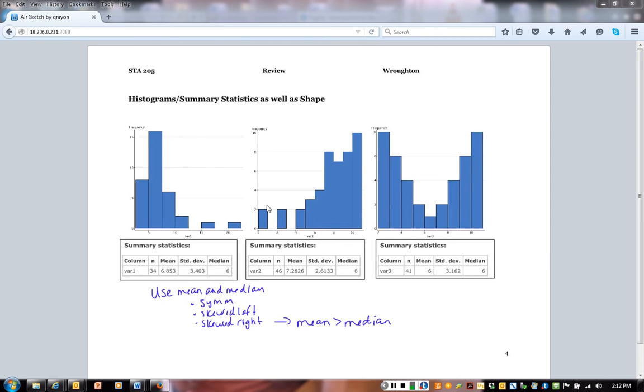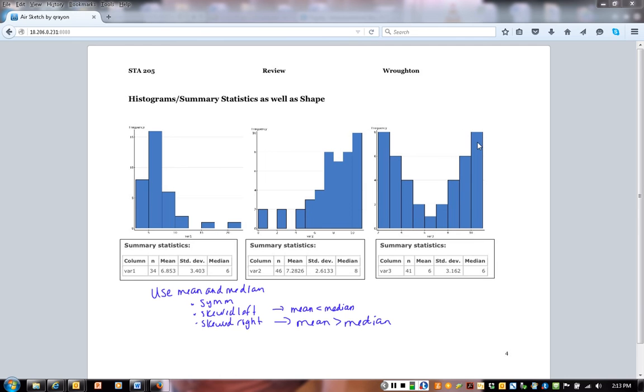The second graph I have is more of a skew to the left graph. Again, majority of data on the right, we would slide off to the left here. If we look at their mean and median, what you see is the mean will actually be less than the median here. Last, I gave a symmetric graph, and I didn't give you one that was actually unimodal. I wanted you to see a different looking symmetric graph, so you get to see something a little bit different.